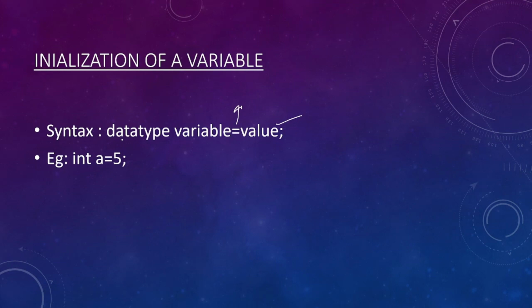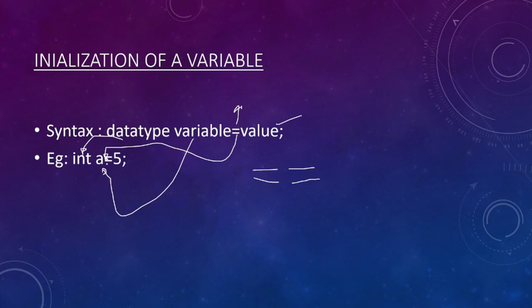So the example is data type int, then variable A, and this equal to sign is nothing but the assignment operator. If you want to equate two things in your program, you have to use the equal to symbol twice. When you use this symbol twice, you are comparing two values to check if they are equal or not.